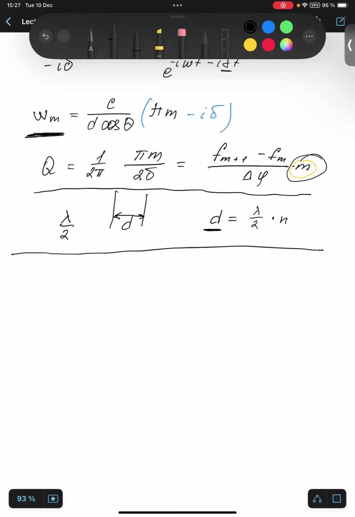You remember that we considered such scenarios. So in this case, we will have more reflections from the mirrors. That's why we will have a higher Q factor.